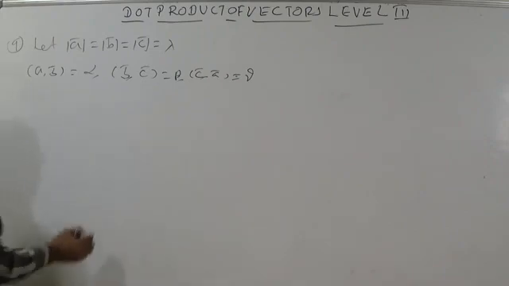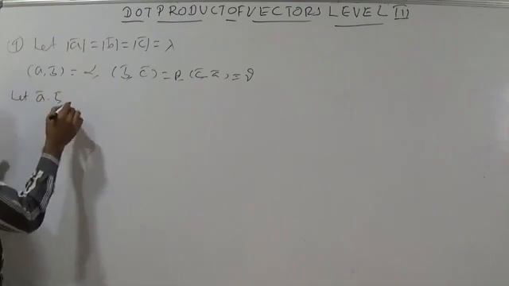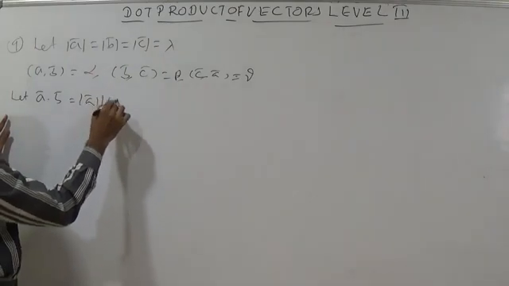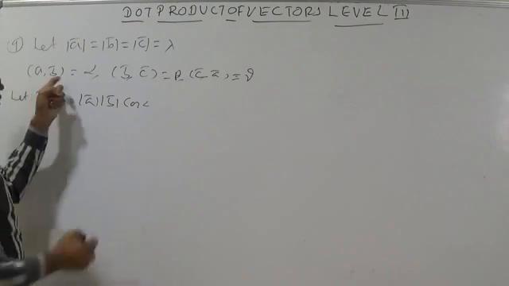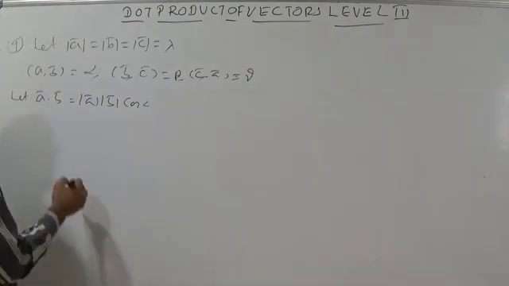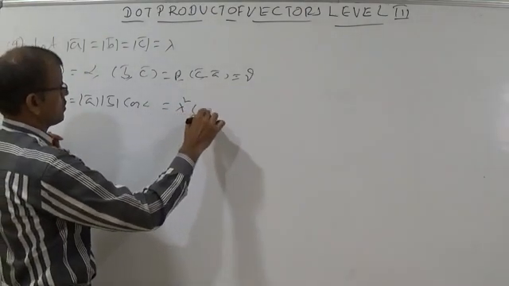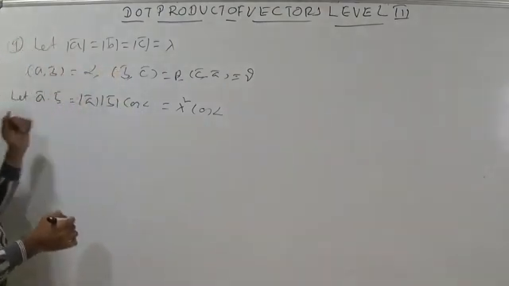Next, let us discuss A bar dot B bar. What is A bar dot B bar? A bar dot B bar becomes mod A into mod B into cos alpha, because he gave the angle between A bar and B bar as alpha. Instead of that I am writing lambda square cos alpha, because they have equal magnitude.